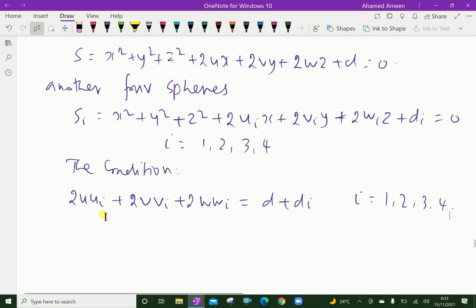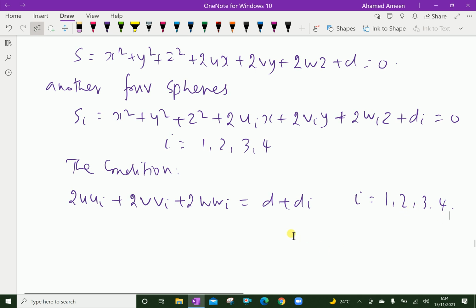We can use the values 1, 2, 3, 4. Like here, the first sphere cuts orthogonally with the given sphere: 2u u1 plus 2v v1 plus 2w w1 equal to d plus d1. Like that we have to use 2, 3, 4.